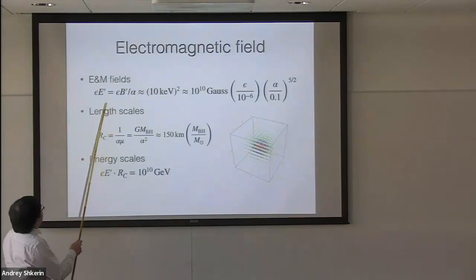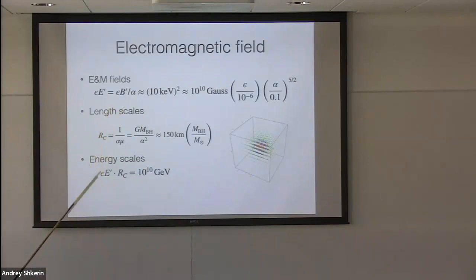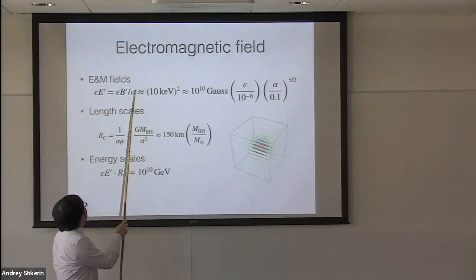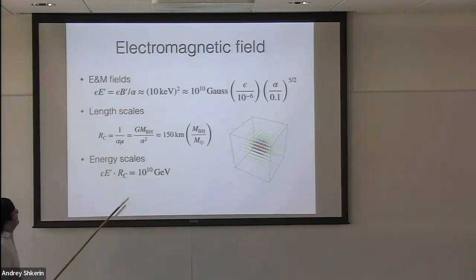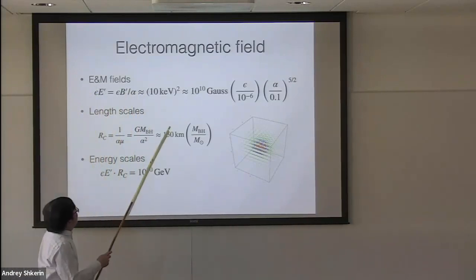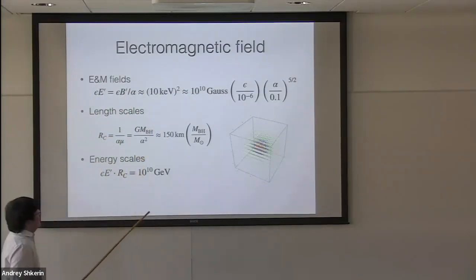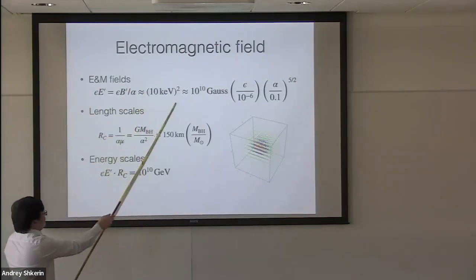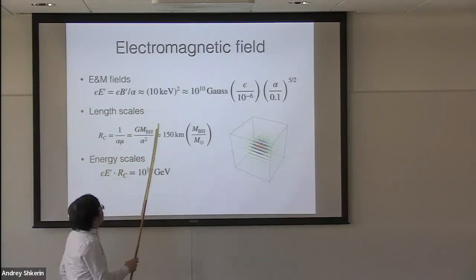Okay, so let's see what the strengths are. The electromagnetic field strengths are written here. The first thing that is important is that the electric field is actually bigger than the magnetic field by this alpha factor. And the second is both of them are very large in particle physics units. They can be as much as 10 kV squared.